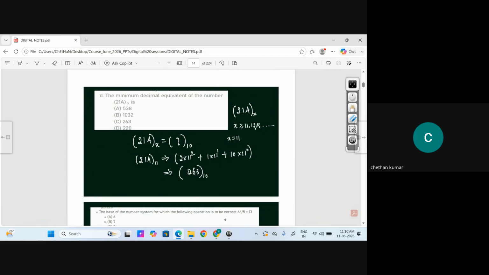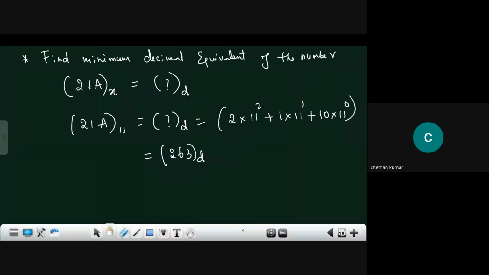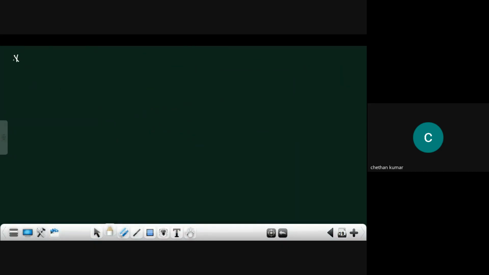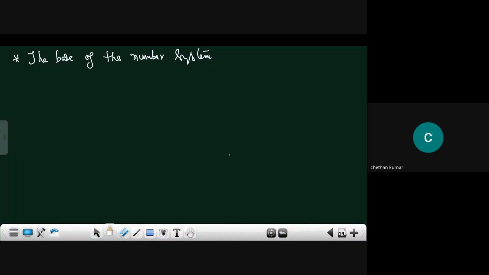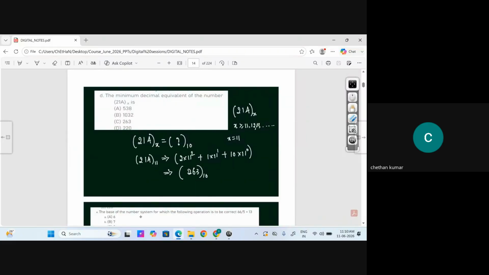He's saying that the base of the number system, you can note down the base of the number system for which of the following operation? Following option is to be correct.